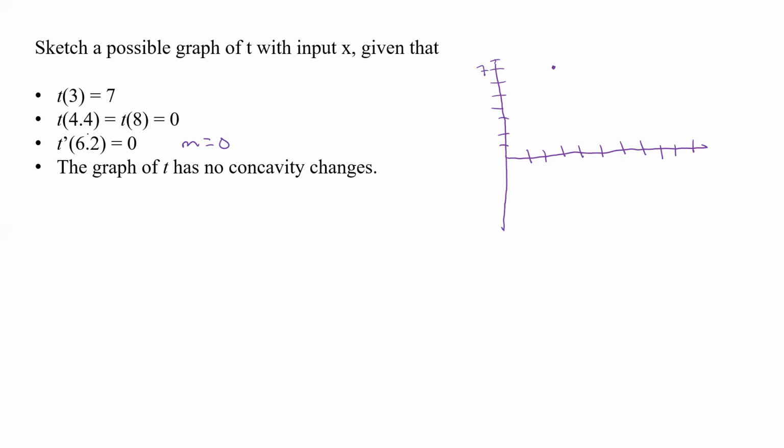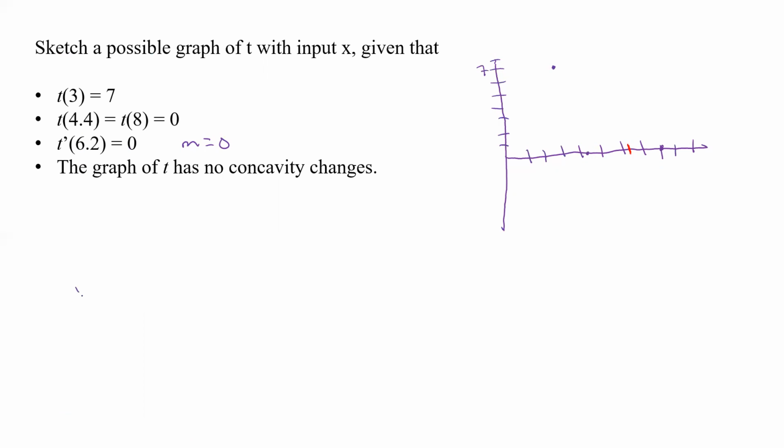Then we know at t of 4.4, so here's 2, 4.4 is going to be 0. And then 5, 6, 7, 8 is going to be 0. And we know the slope at 6.2, so that's 5, 6.2. At this point here, let's change the color so we can actually mark it. 6.2, that point is going to have a slope of 0.